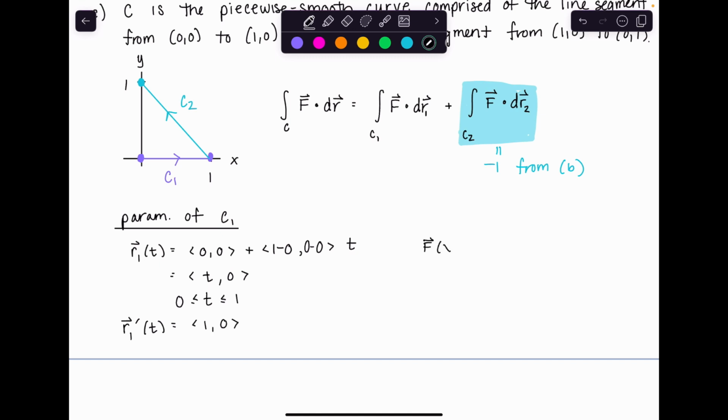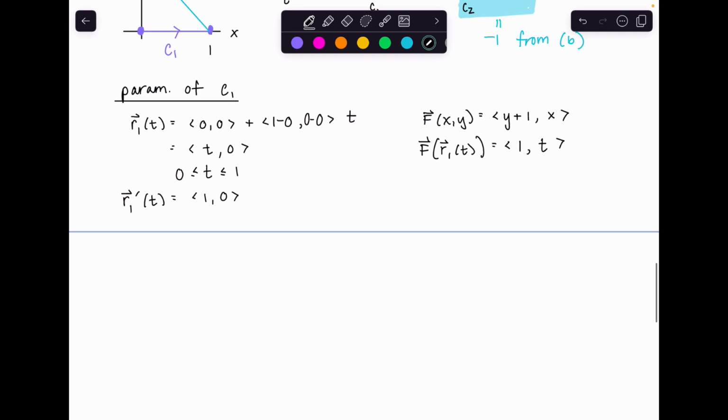As a reminder, for our vector field, this is y plus 1, x. Plugging in this particular segment, our y is nothing, so this gives us 1 and then t. Okay.